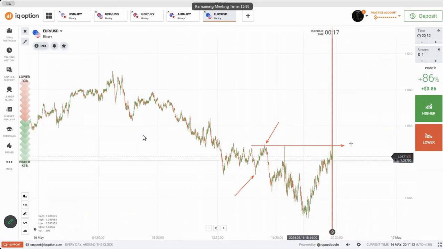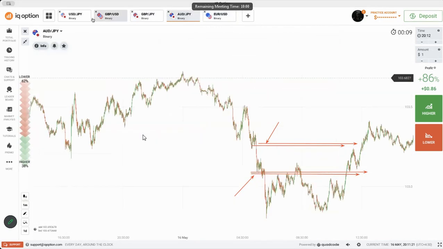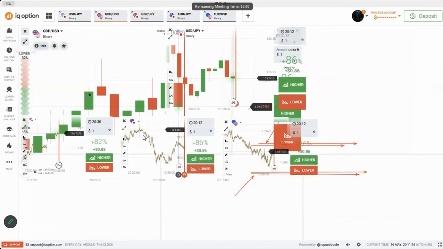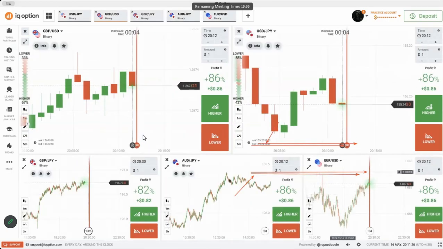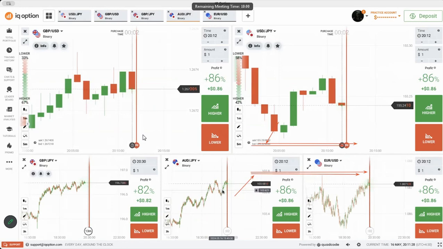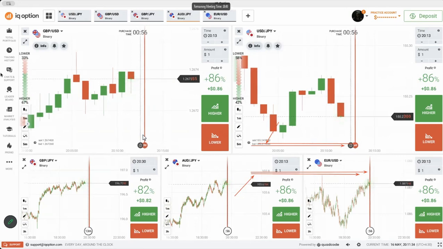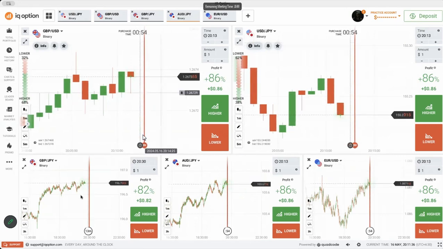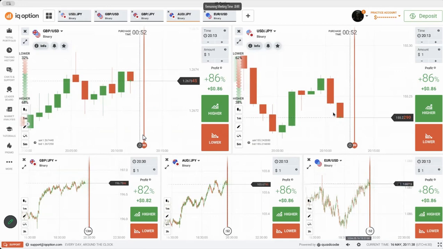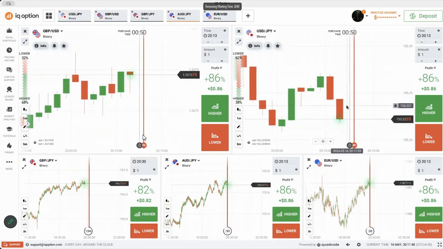I can draw this one as my resistance and this one as my support. Then I can switch to the next chart and do the same for all of these. Then I can monitor all of them, and in 1 minute, 2 minutes, you will get a very good opportunity if you do it this way. You monitor all of them at once, and you can wait till the market hits one of the lines easily.